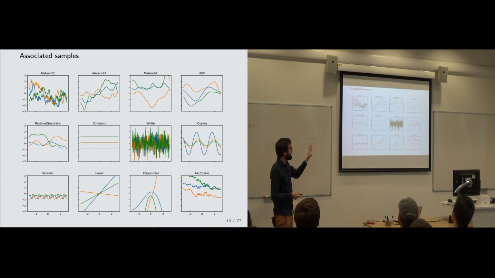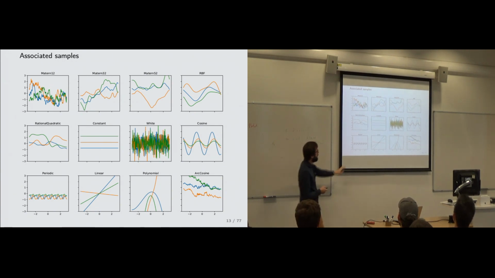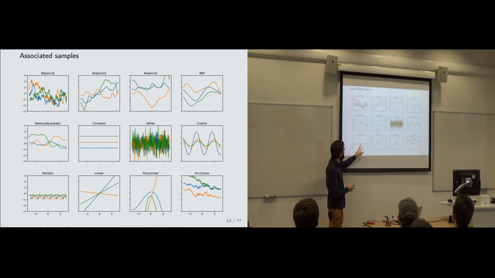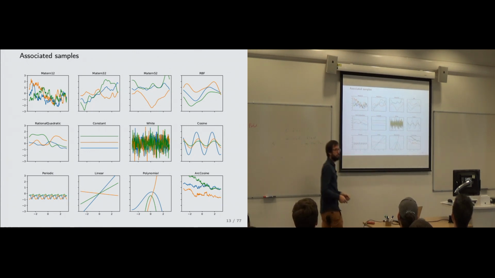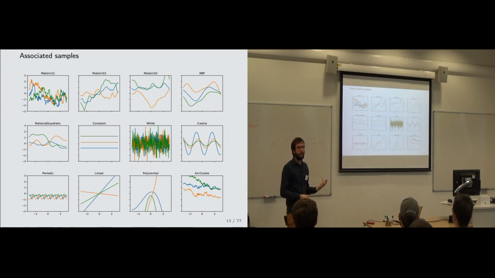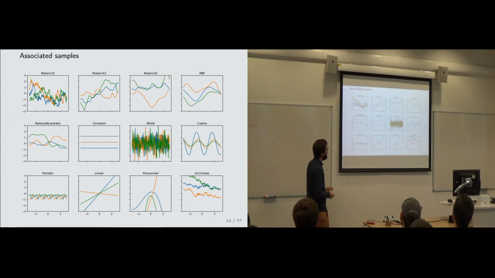So we can see that the periodic kernels end up with periodic samples. That can be some interesting behavior if you know that your data comes from something that has some periodicity in it. So there are a lot of kernels on the shelf that correspond to a lot of different priors for Gaussian processes.